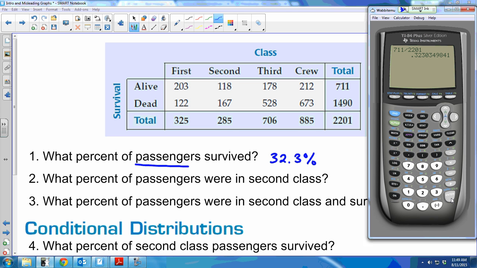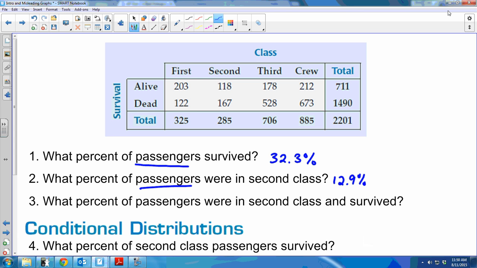On the second one, what percent of passengers were in second class? So how do I find that one? Right, 285 divided by the total, because we're still looking at what percent of passengers. So that's 12.9%. What percent of passengers were in second class and survived?